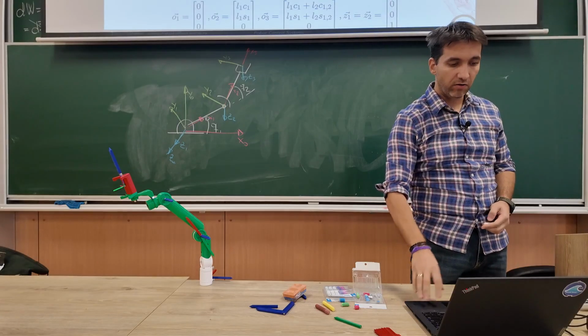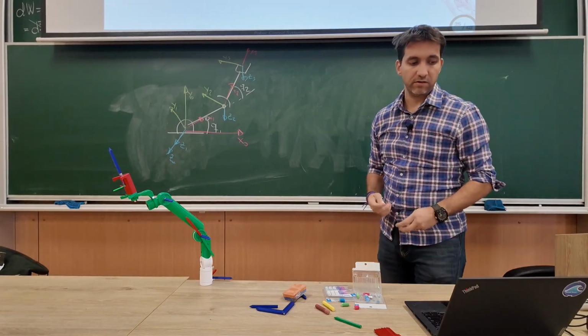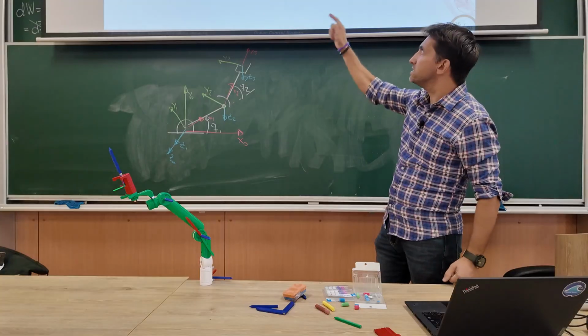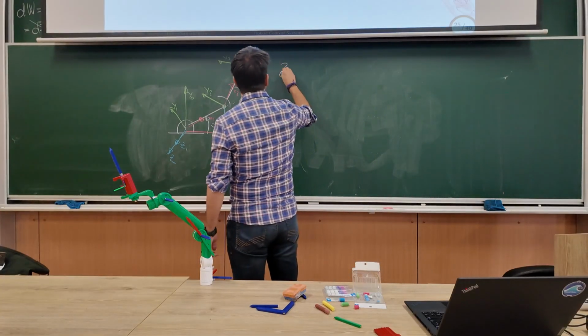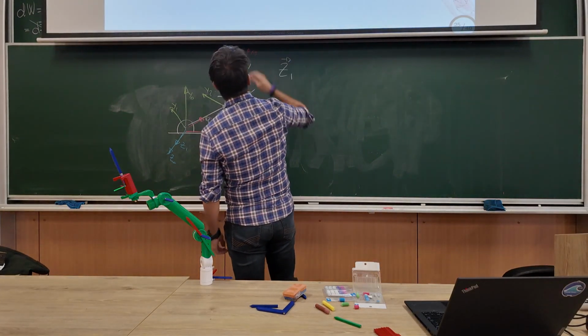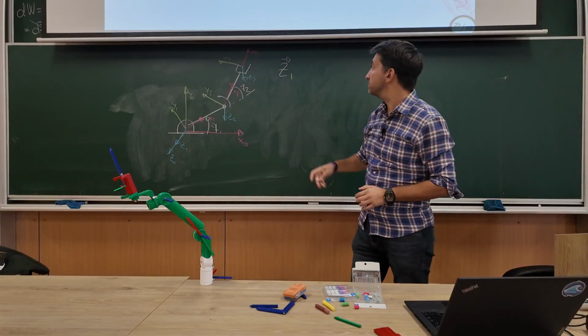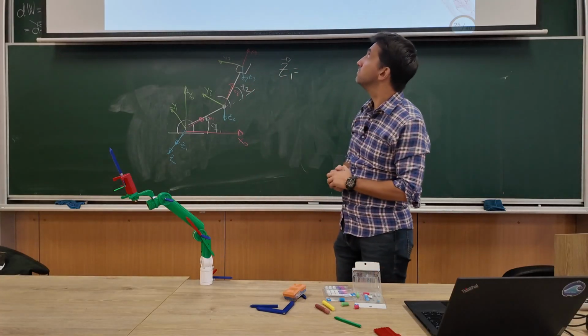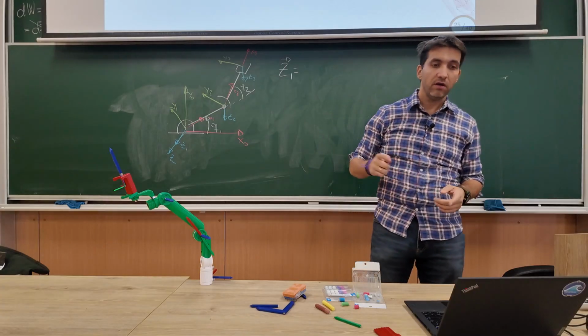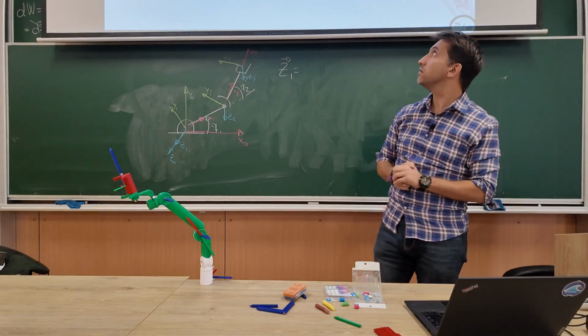Right, so let's take it one by one. What would be Z1 according to these matrices you have there? 0, 0, 1. From which transformation do I take it?